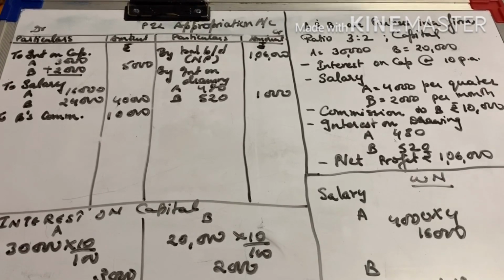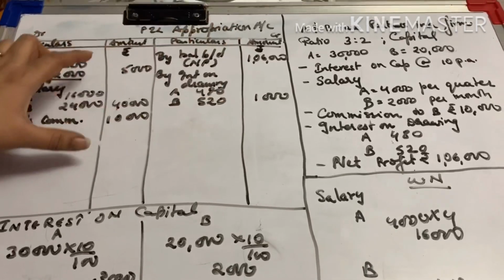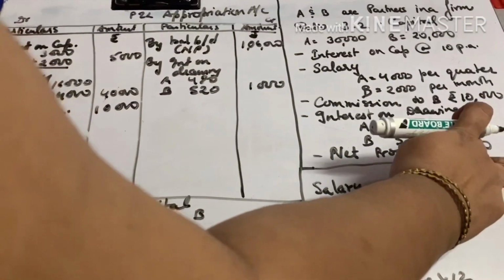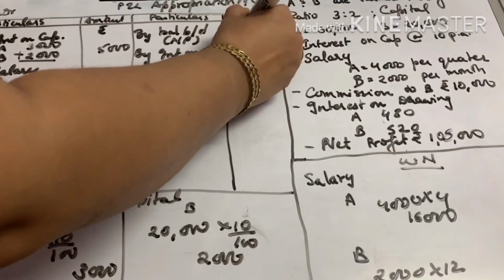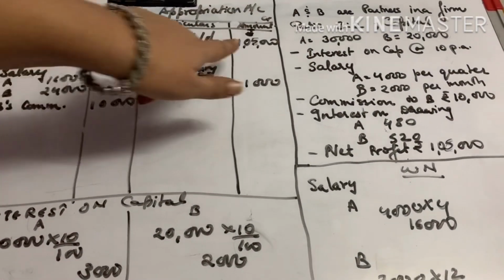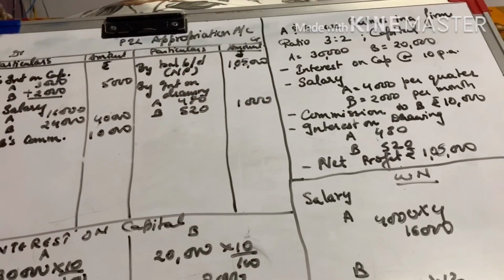So now what will you do? Now you will add all the debit parts, and to make it a bit easier, we'll make it 1,05,000, so that the calculation goes easy from your side. So 1,05,000 is the net profit and 1,000 is the interest on drawings.